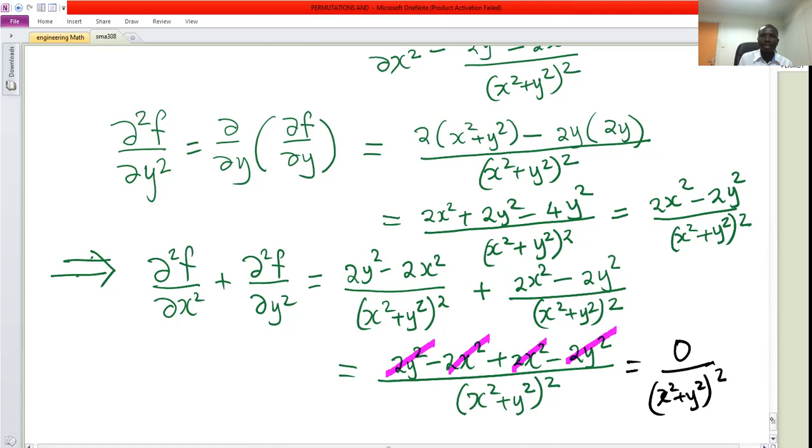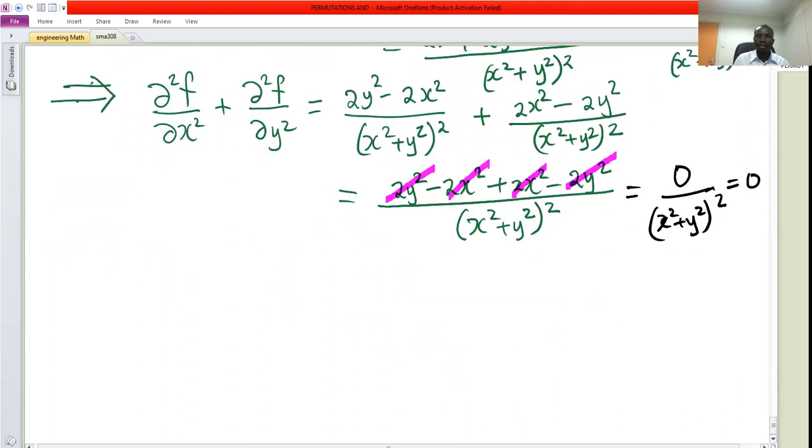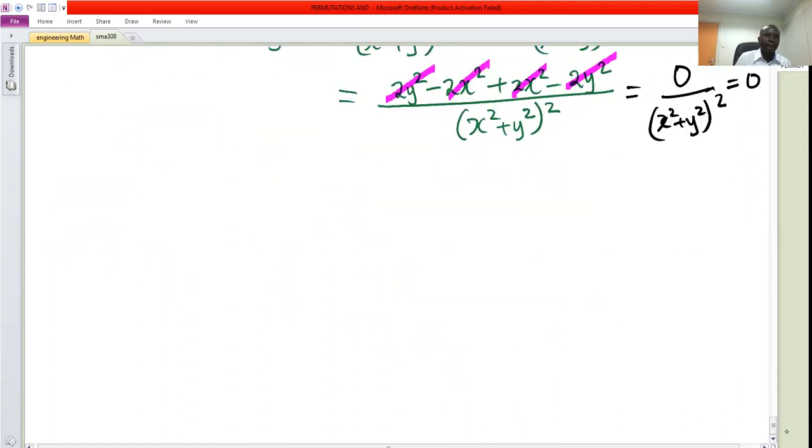And 0 over this square is just 0. So therefore, the function satisfies the Laplace equation of 2 dimension.